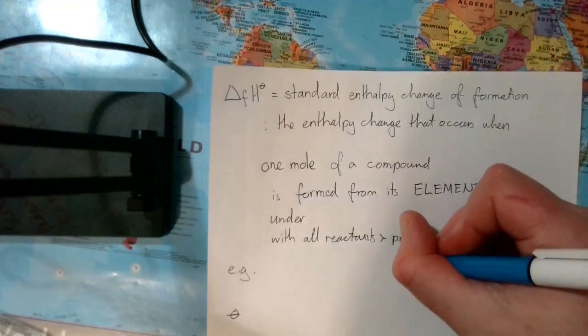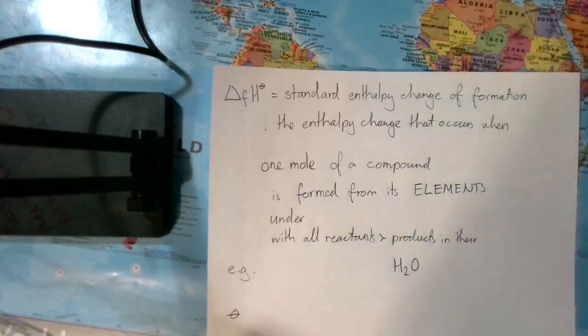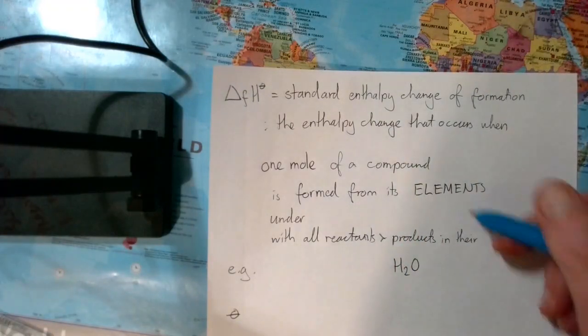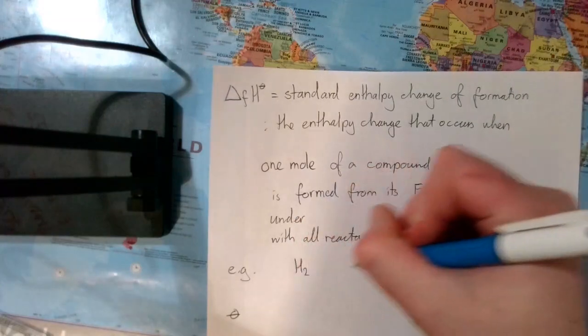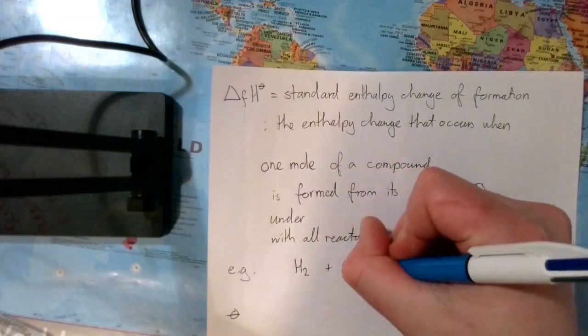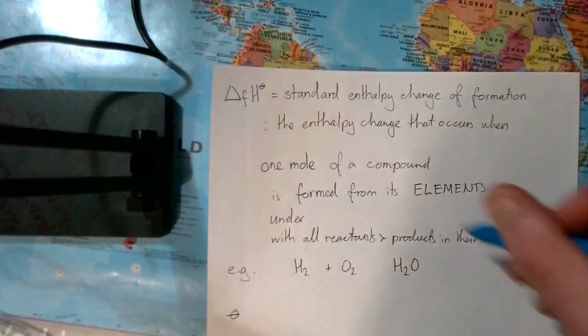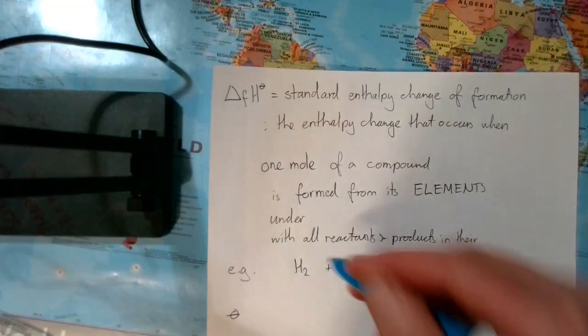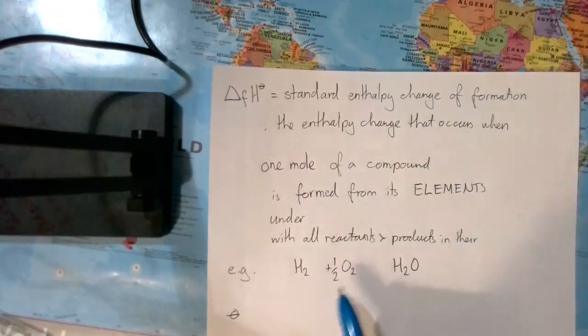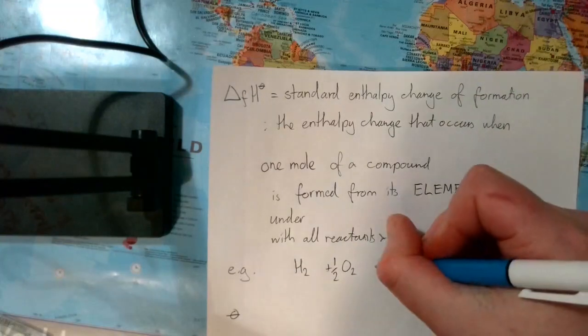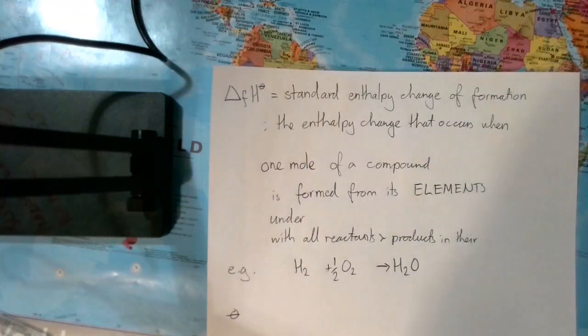For water, the formula is H2O, and the elements are H2 and O2. Now, I can only make 1 mole of water, so therefore I need half a mole of O2, because a half of 2 is 1. And so there we go, that's the first part of this.